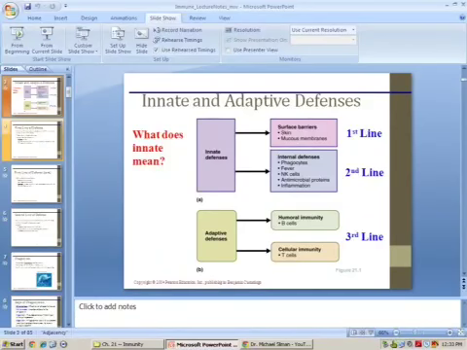The way T cells and B cells behave are going to be a little bit different. So B cells are going to behave under what's called humoral immunity, and T cells are going to be cell-mediated.